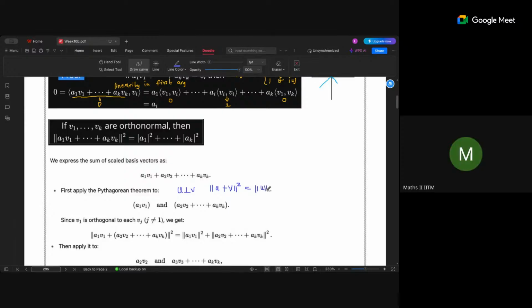Norm u square plus norm v square. We also saw it from the picture of a right angle triangle. Suppose this is u, this is v, so this distance is norm u square and this is norm v square, and this is norm of u plus v whole square.